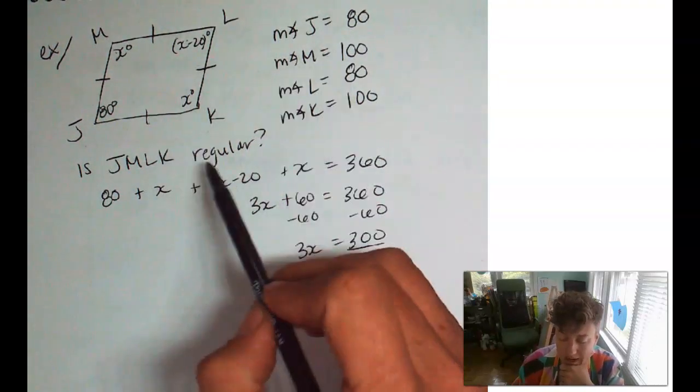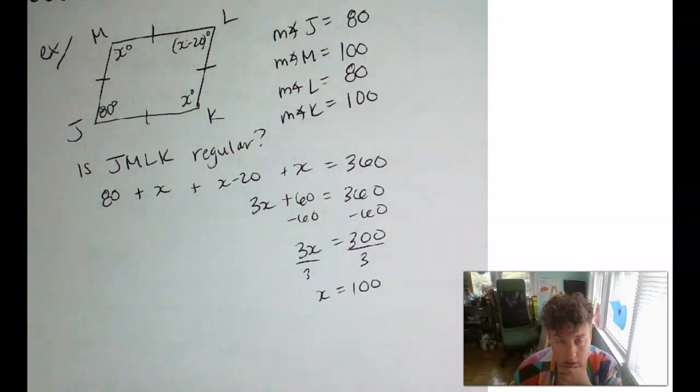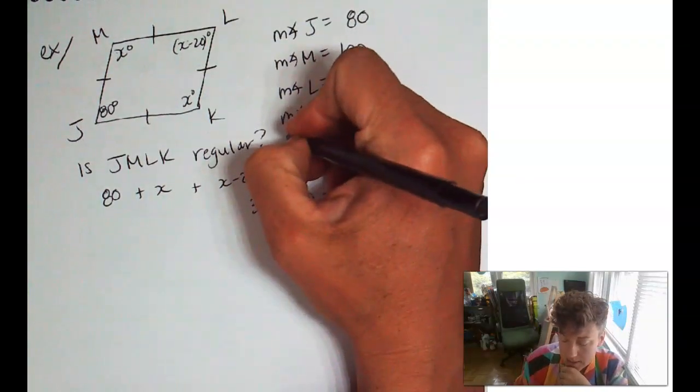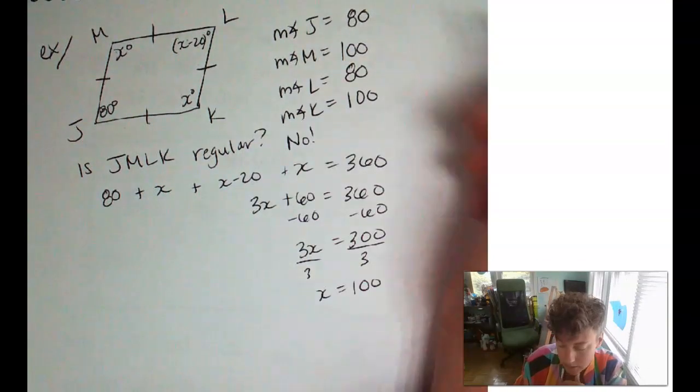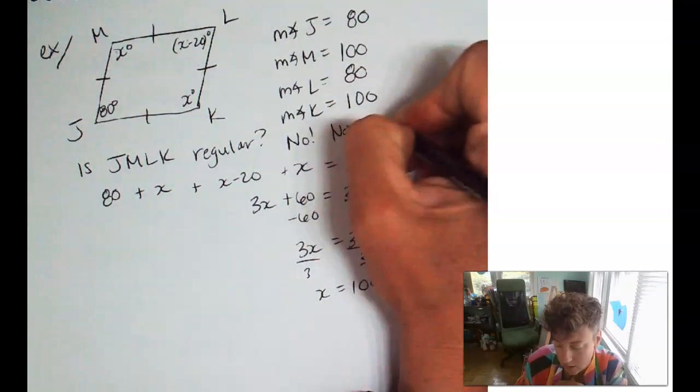And the only regular quadrilateral is going to be a square. A square has all of its sides equal and all of its angles are equal to 90 degrees. But this guy, nope, it is not equiangular.